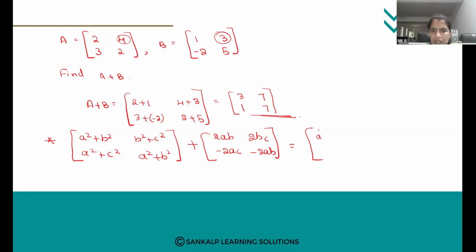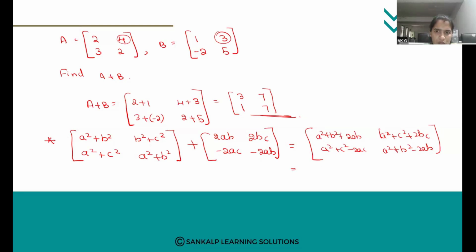A square plus B square plus 2AB. B square plus C square plus 2BC. A square plus C square minus 2AC. A square plus B square minus 2AB. Add ಮಾಡಿ. ಆಲ್ರೆಡಿ ನಾವು ಆಲ್ಜಿಬ್ರಾದಲ್ಲಿ ಕಲ್ತಿದ್ದೇವೆ ಐಡೆಂಟಿಟೀಸ್. ನೋಡ್ಕೊಳ್ಳಿ.